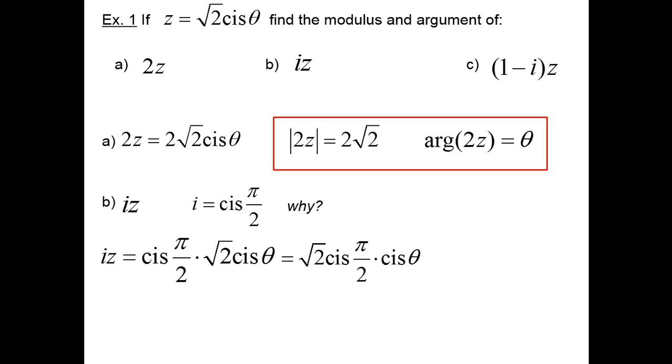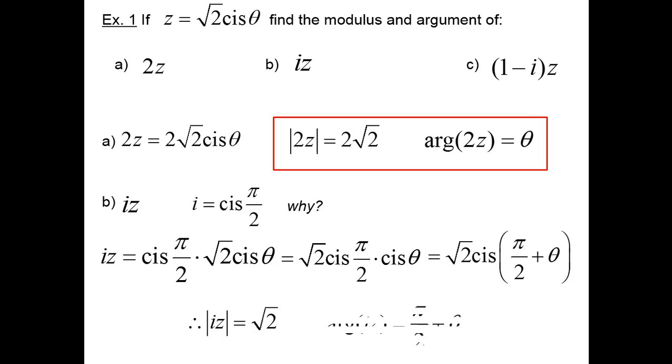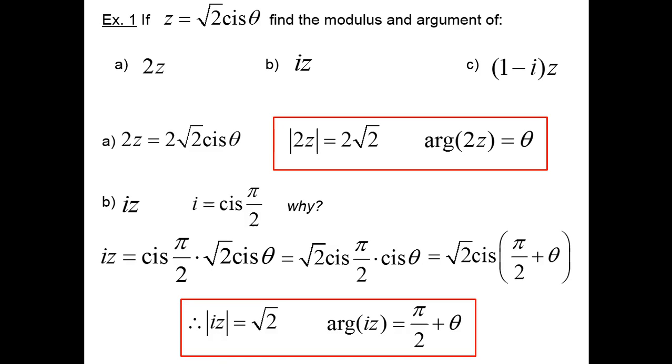Bring the radical 2 to the front. And using our argument properties, we can write that as radical 2 times cis of pi over 2 plus theta. That's a rule for cis. The modulus is just square root of 2. The argument is pi over 2 plus theta.